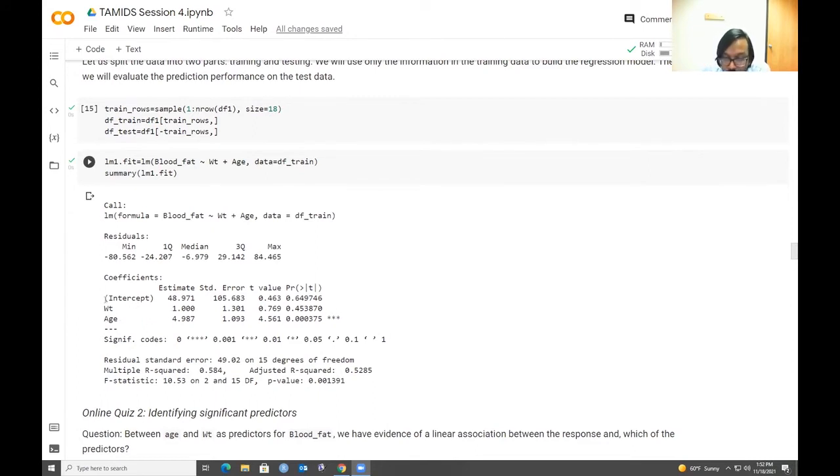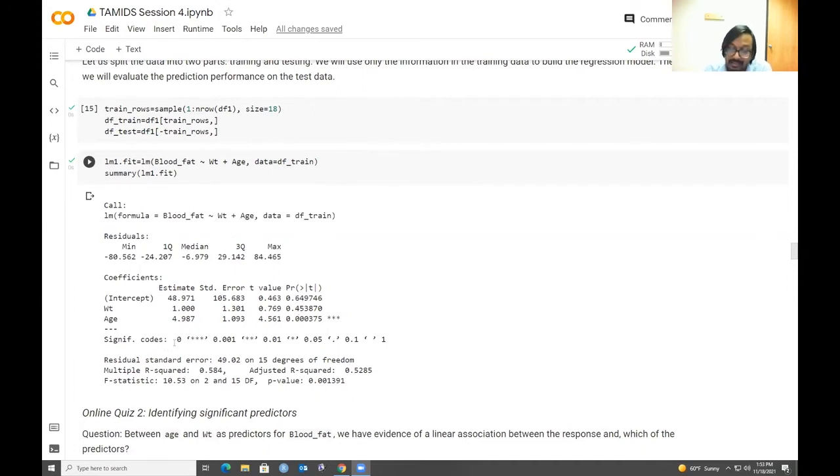So we have a row corresponding to the intercept term, one row corresponding to the first predictor, and one row corresponding to the second predictor. The estimates are given here. It's 48, 1, and 4.9. The standard errors are given in the second column, and we have how many standard deviations the estimate is away from 0, and we have the corresponding p-values.